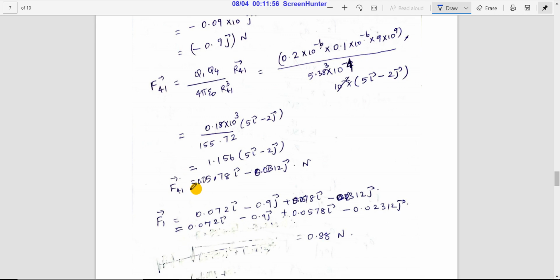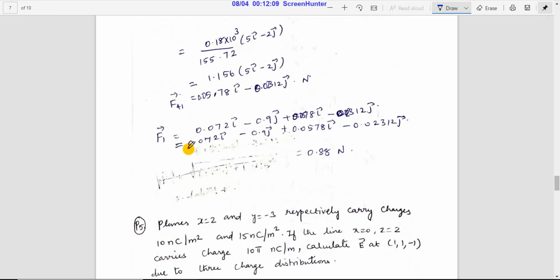If you reduce, the answer will be 0.0578 i vector minus 0.02312 j vector. If you add all these values, then the answer will be this. And also if you find out the magnitude of this particular vector, then the answer will be 0.88.